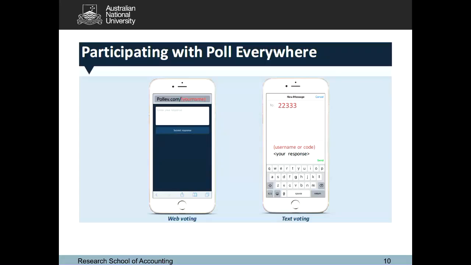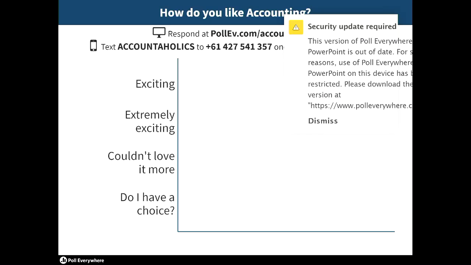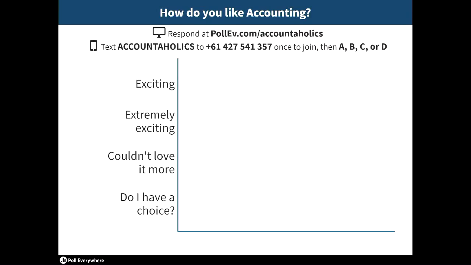Okay, so you know how to do that? Either you use this, if you have downloaded it, you may have your name on this app. You can do the web voting, or you can text to a number I'll give you here. Okay, so this is just a trial, see if it works.